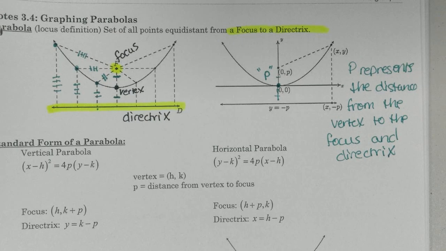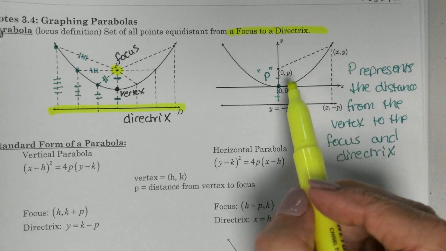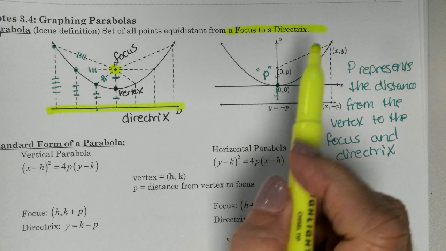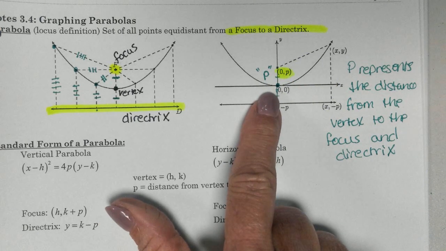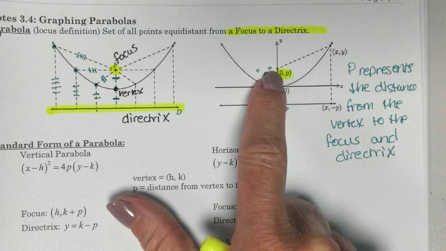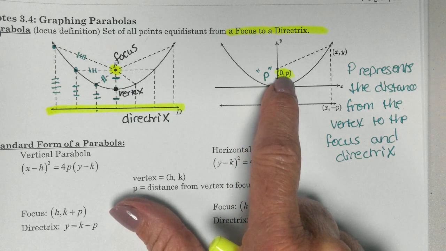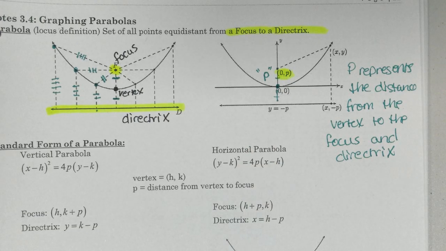And I want you to notice these ordered pairs right here. If the vertex is at 0, 0, then the focus is at 0, P, whatever the P value is.